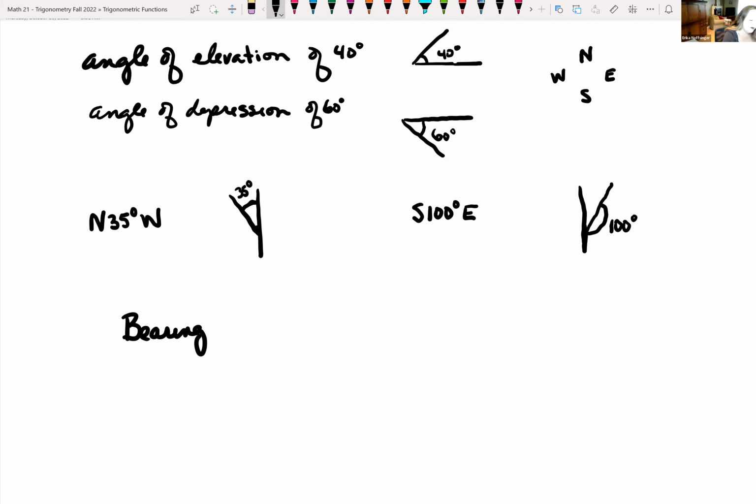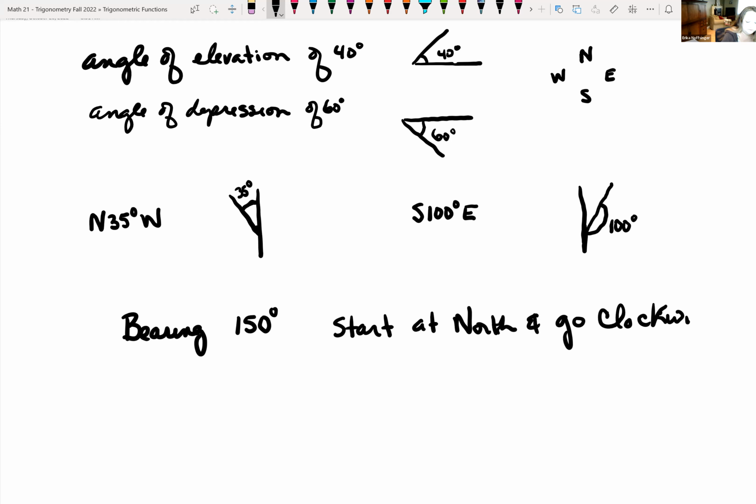So if it said a bearing of 150 degrees, start at the north and go clockwise 150 degrees, so about right here.